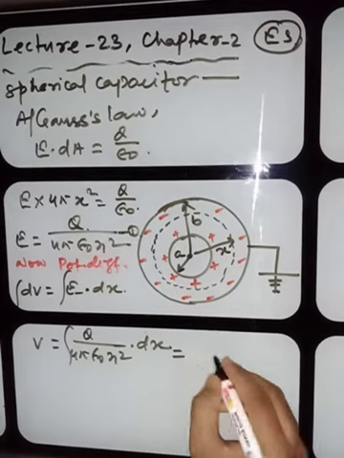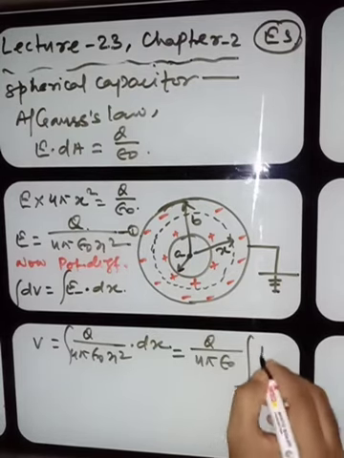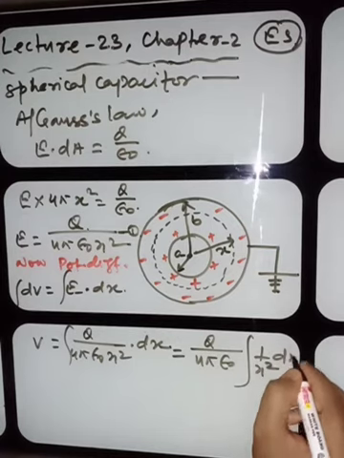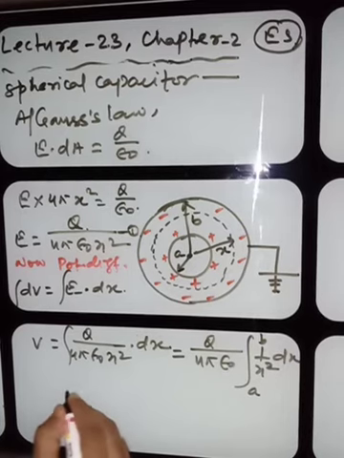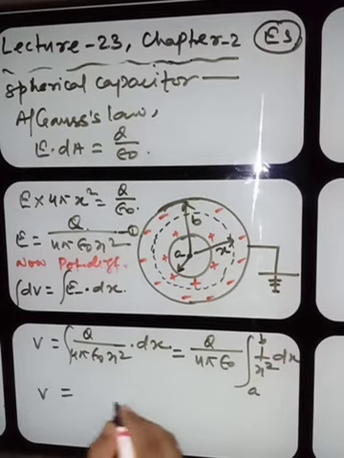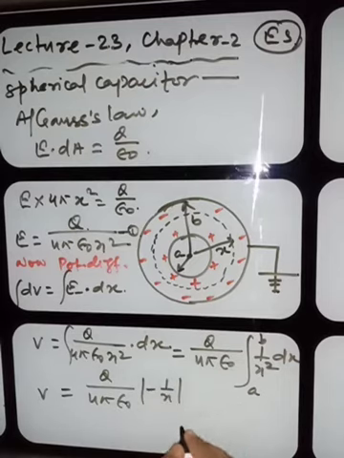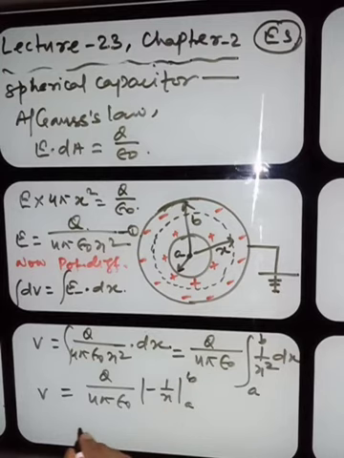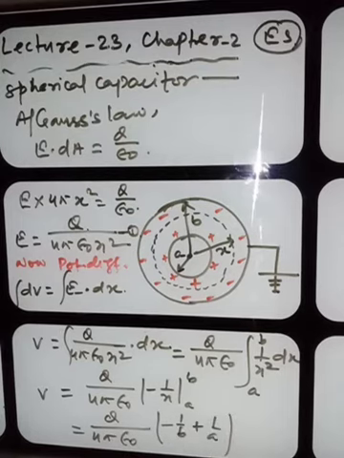So the constant will be taken out: Q by 4 pi epsilon naught, the constant, times the integral of 1 by x square dx from A to B. This will be V equals Q by 4 pi epsilon naught, and the integration of 1 by x square will be minus 1 by x from A to B. So Q by 4 pi epsilon naught times minus 1 by B plus 1 by A.